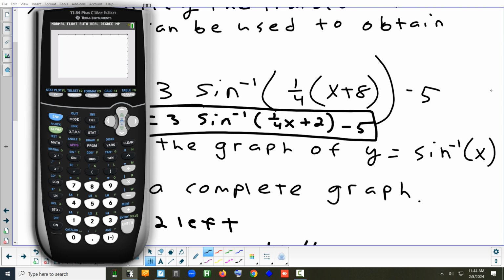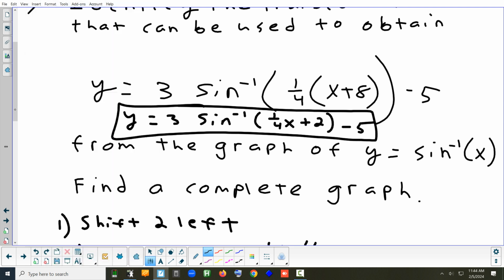Okay, so we're not seeing your graph. How come? Yeah, that's not what it should look like. Anybody see something we need to fix? You mind going to window?